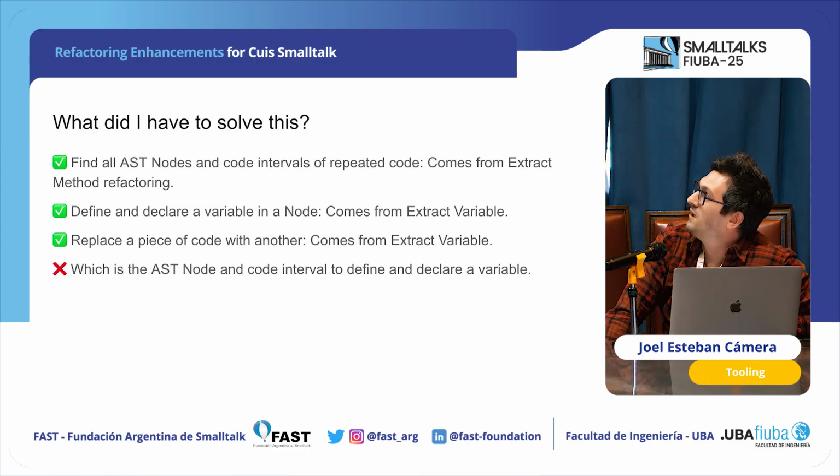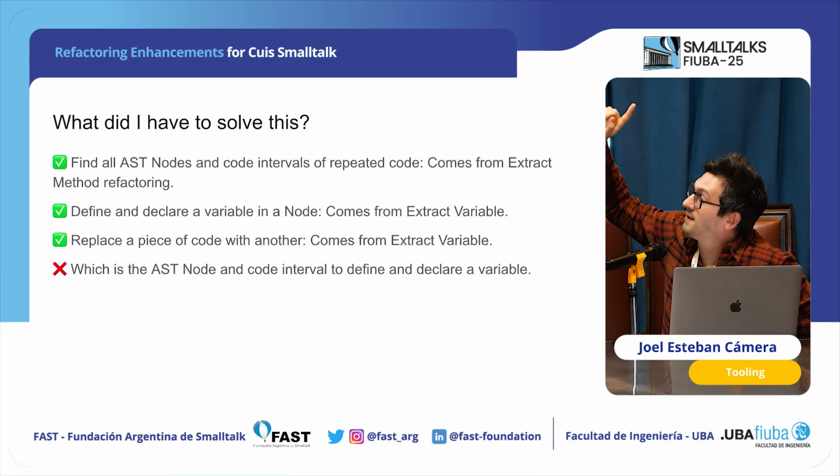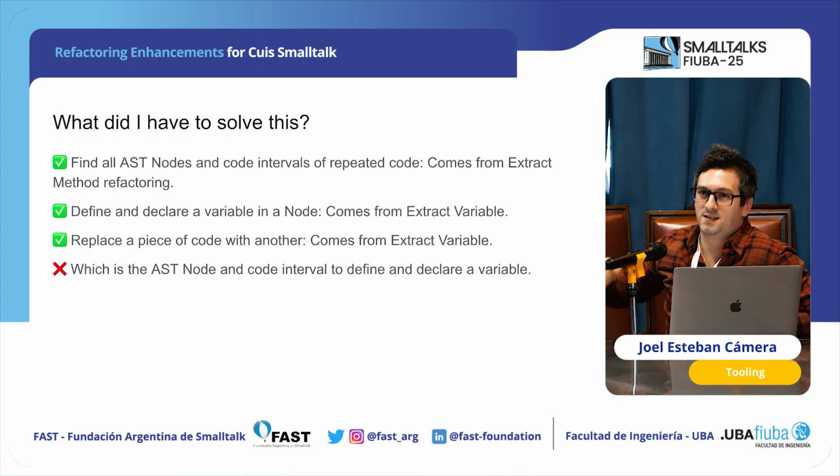So what did I have to solve this? Well, I can have all the nodes and the code intervals of repeated code that come from extract method. Extract method can tell you, in all the hierarchy, all the pieces of code that are repeated.